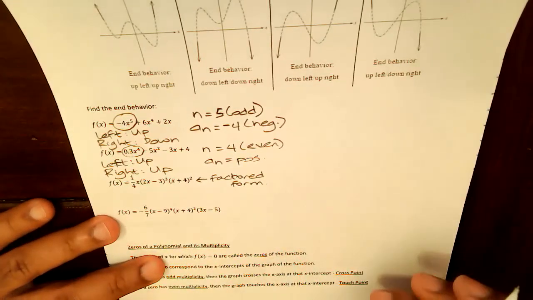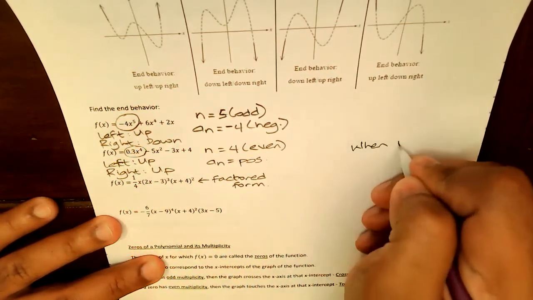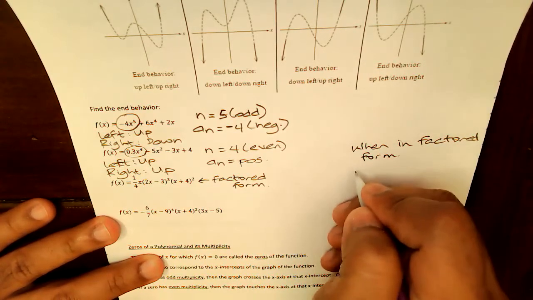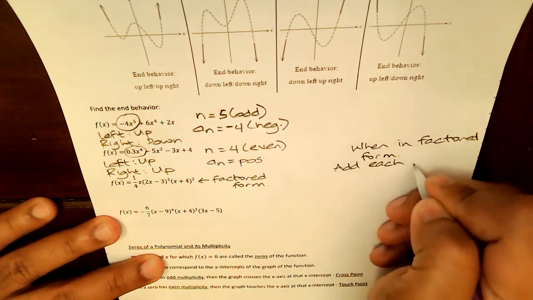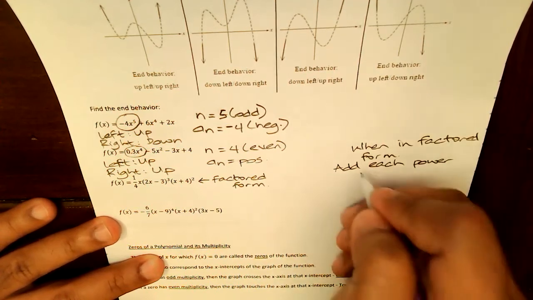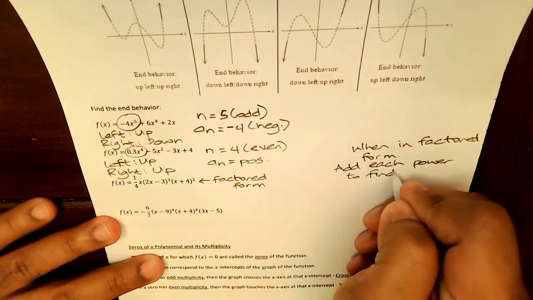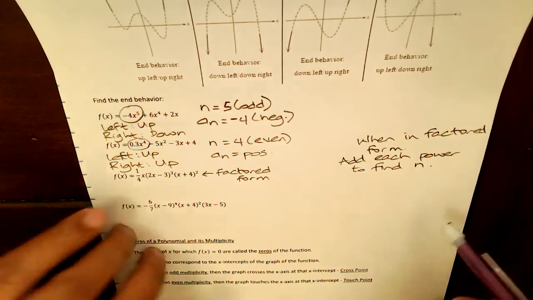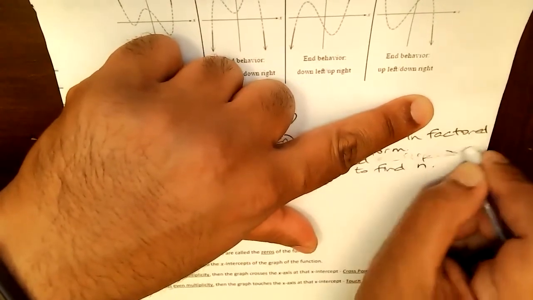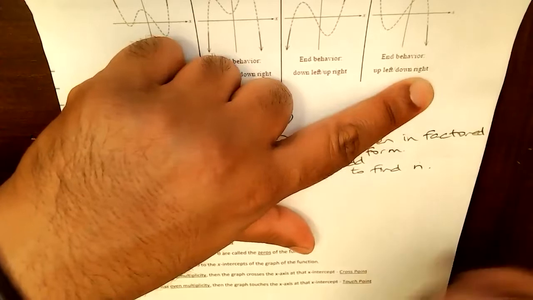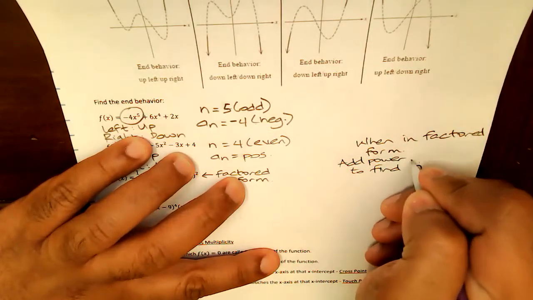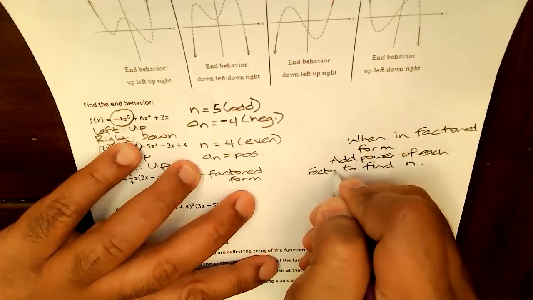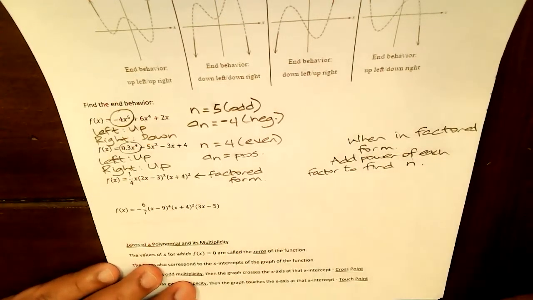So when we have something in factored form, we are going to add the power of each factor to find n.